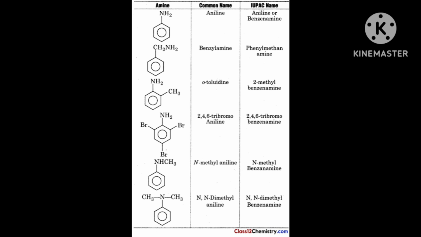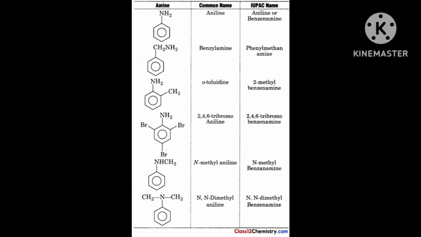Then it will be named ethane, because a single bond is there and both carbons have one NH2. Its name will be ethane, with carbon number 1 and carbon number 2 having the amine group attached. Hence the name will be ethane, complete, with no removal of E in this case: ethane-1,2-diamine.